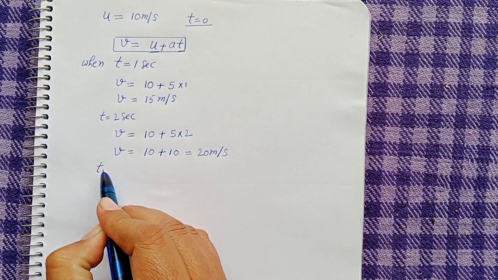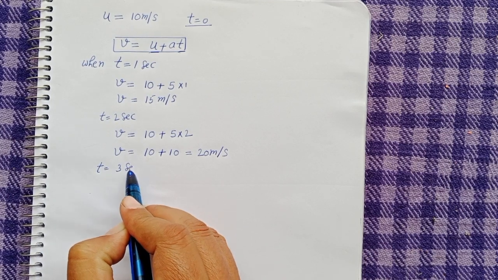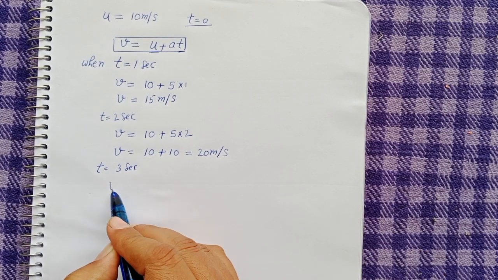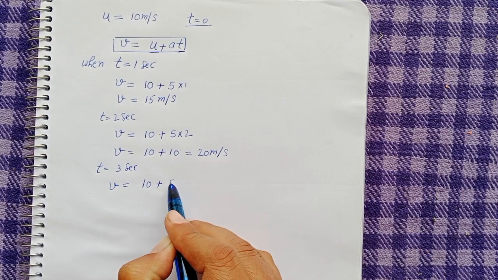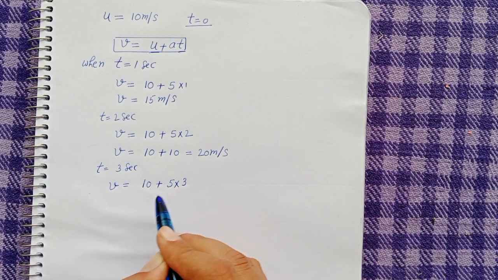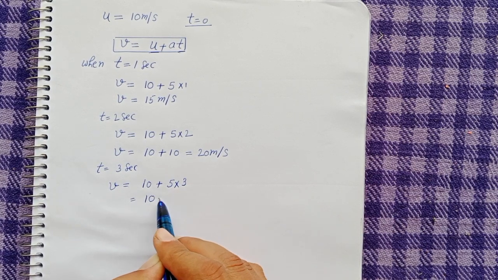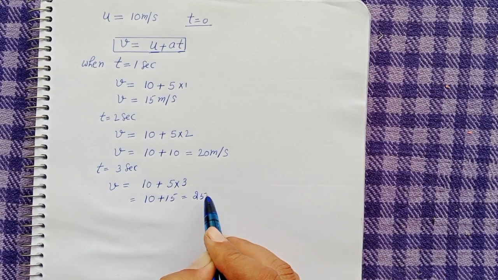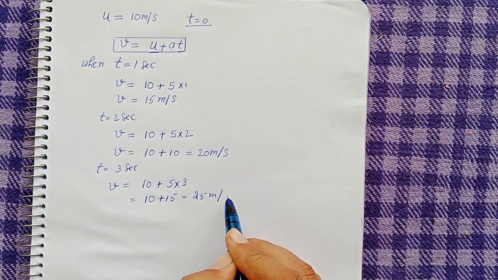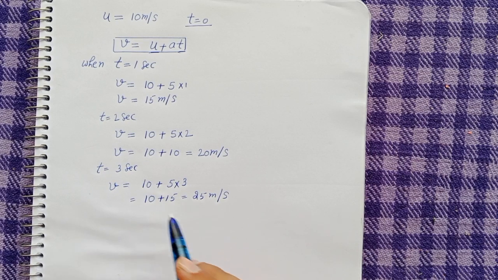Now when time is 3 seconds, velocity equals 10 plus acceleration 5 multiplied by 3, it becomes 10 plus 15, that is 25 meter per second.